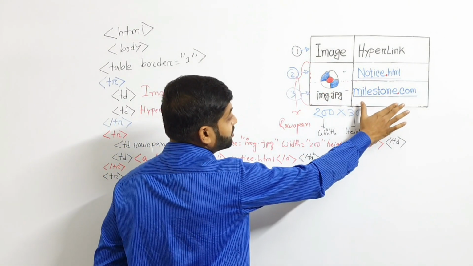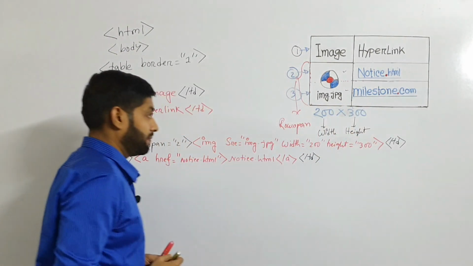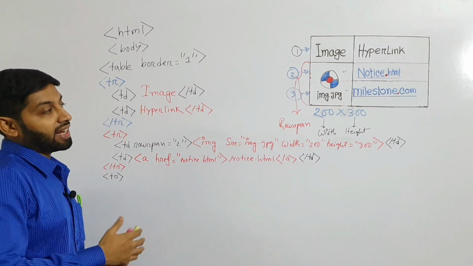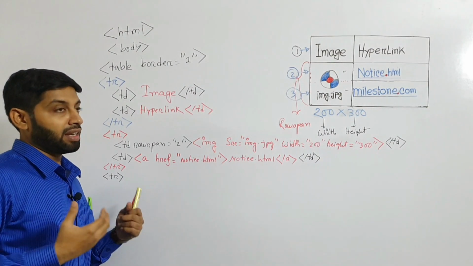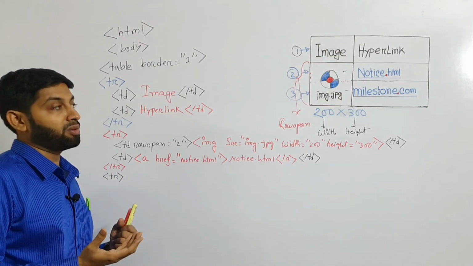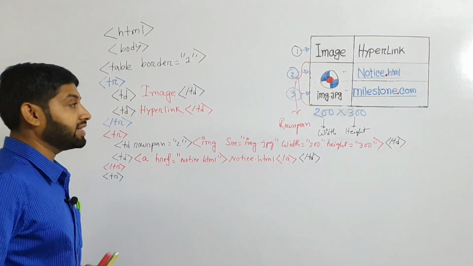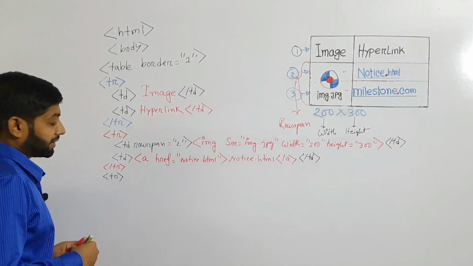I just have to calculate this portion, my third row's second column. Milestone.com. Basically, whenever you see an address that looks like a website address, it can have a top level domain name like .com, .org, .net, anything. So you can consider it an external hyperlink.